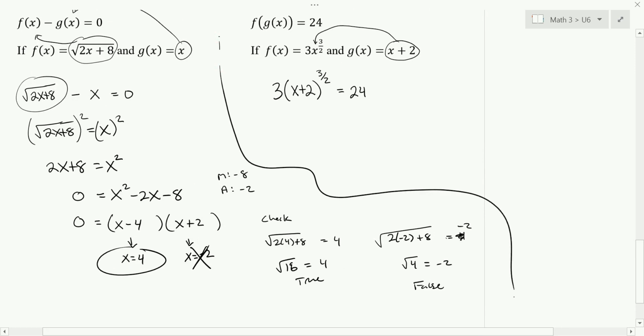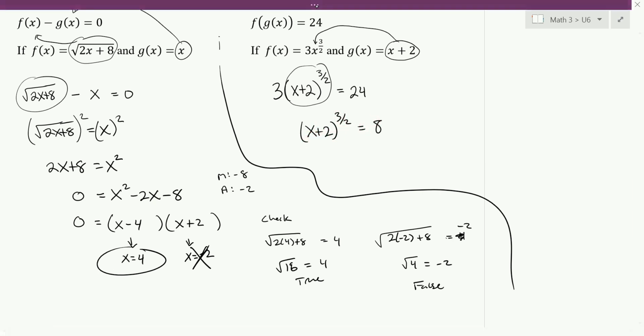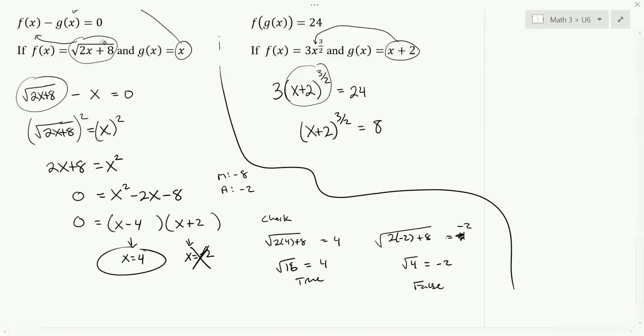Okay, on the second one, get this part alone by dividing by 3, and you get x plus 2 to the 3 halves is equal to 24 divided by 3, which is 8. And then we want to get rid of the 3 halves power. Here's the trick. What do you multiply 3 halves by to get 1?